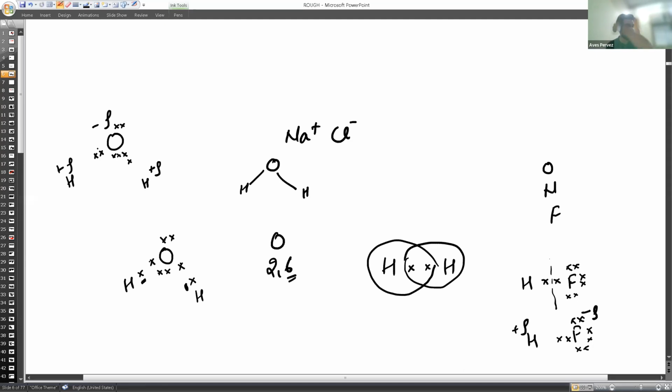This is due to the difference in the electronegative power, the attraction power, of the two atoms. So this is the way water is a polar compound, because it has slightly positive and negative poles. And this negative charge slightly attracts this sodium ion.